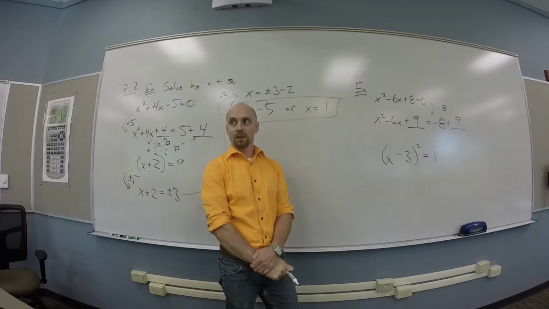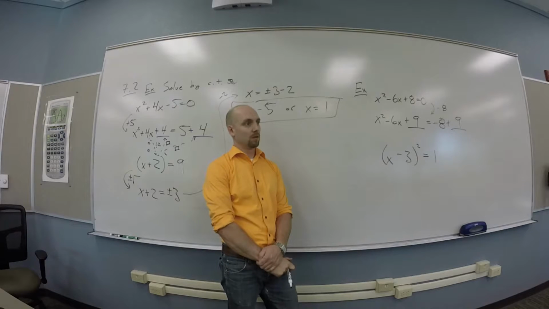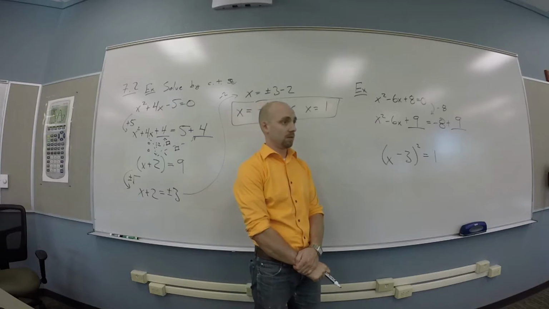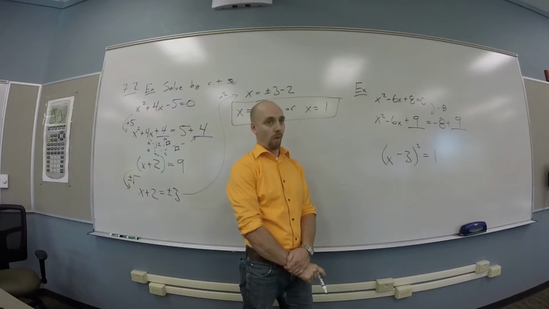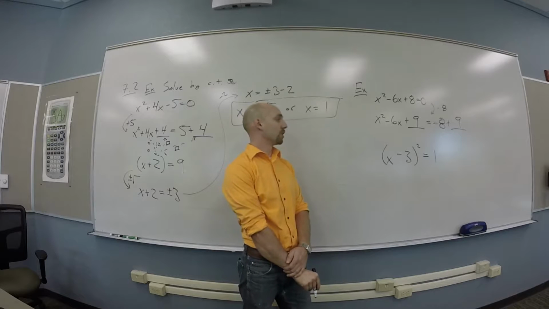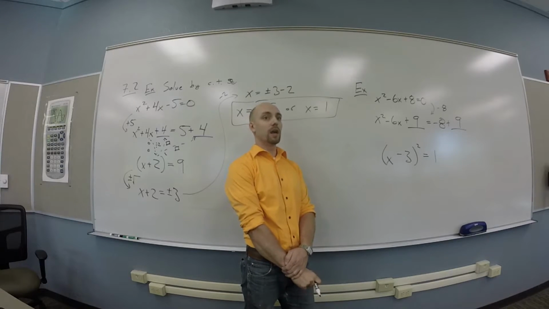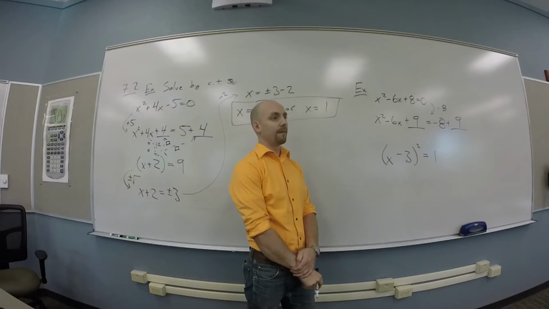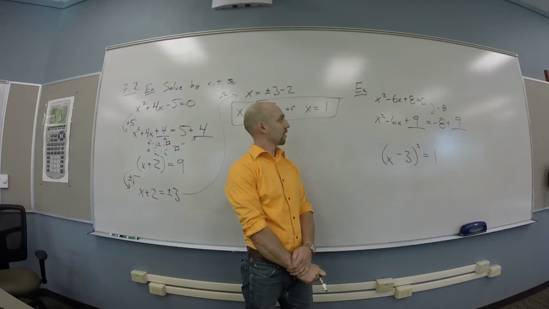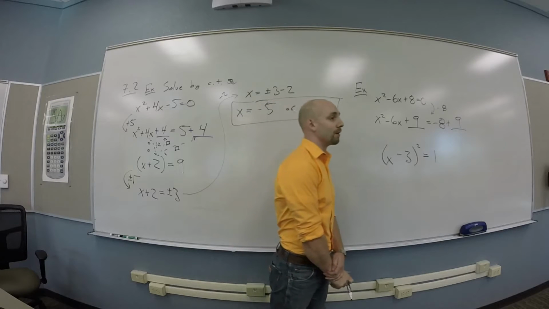You guys all see that? Okay, so at this point we're done completing the square, and now we're doing extraction of roots. I have one question. What's the point of putting the 9 with the 6x? Why am I filling that blank with a 9?